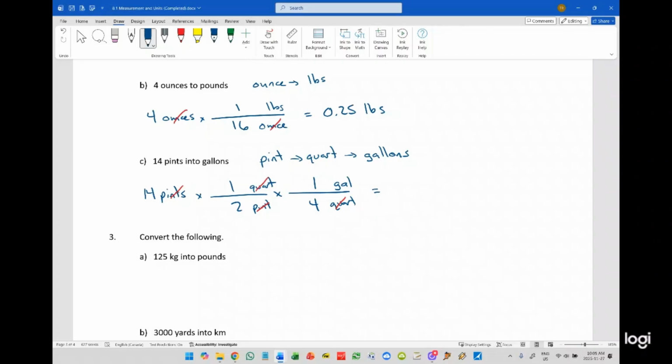Now, when you're punching that in your calculator, you can obviously skip the multiplications by 1 or divisions by 1 should they happen, because they do nothing. But what I would recommend is hitting the equal sign in between, just in case your calculator does BEDMAS a little bit weird. So in this case, what I would do is 14 divided by 2, and then hit equals to get 7, and then hit divided by 4 equals, and you get 1.75 gallons.